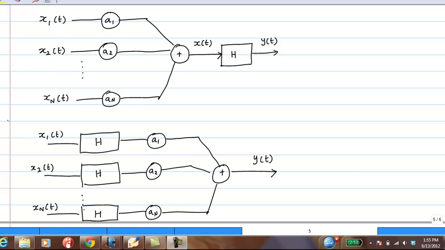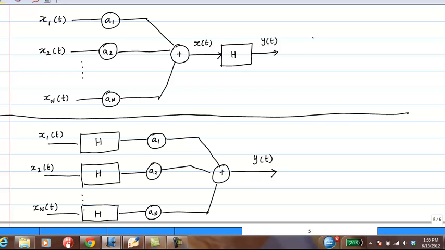The first picture shows that the signal x of t is the weighted sum of x1, x2, so on until xn. Let's say the result of passing this signal through the system is the signal y of t.